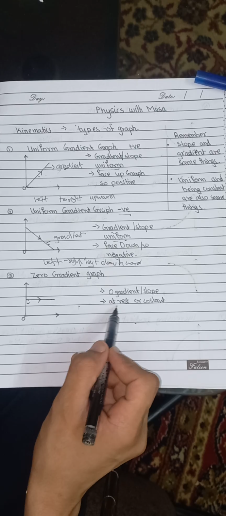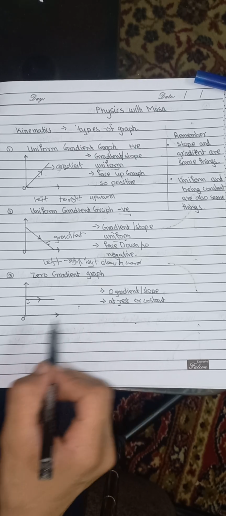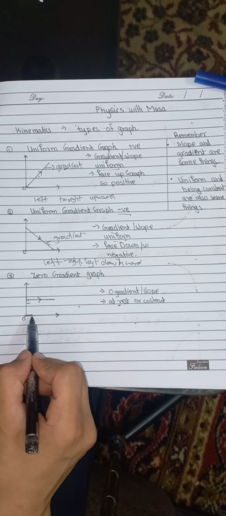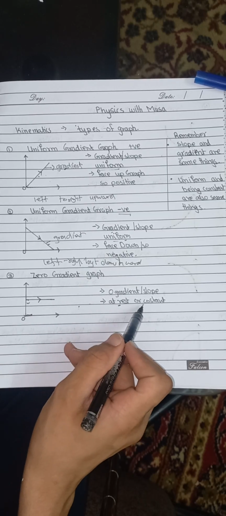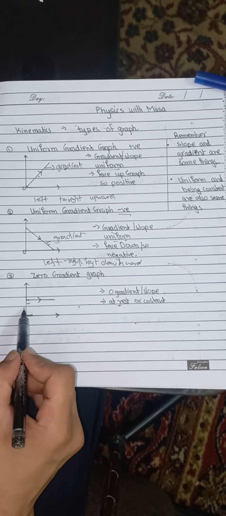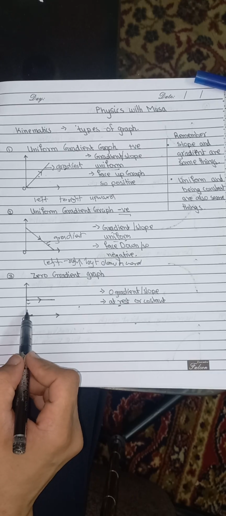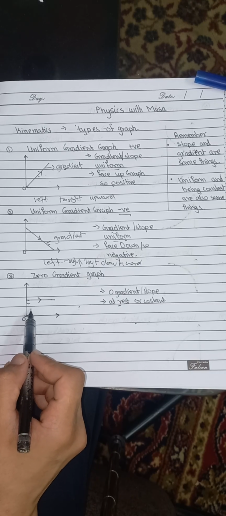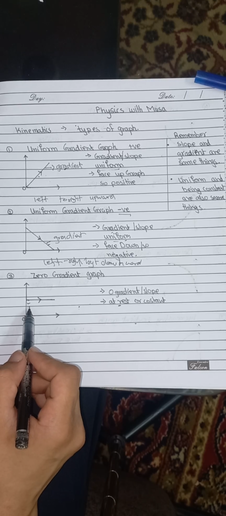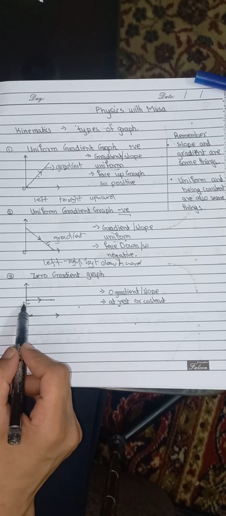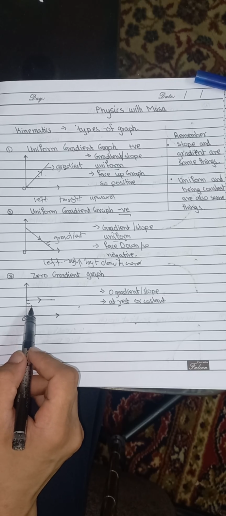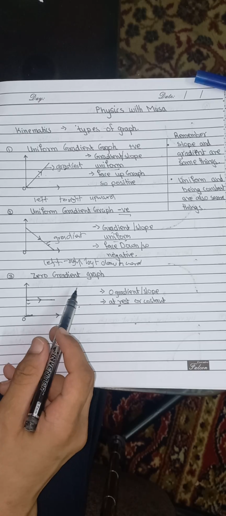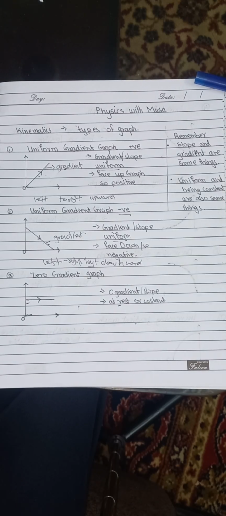If it is a distance time graph, distance would not be increasing, so the object would be at rest. But if it would be a speed time graph, the speed would be constant at that moment. So this is a zero gradient graph, and it is neither positive nor negative, it is zero.